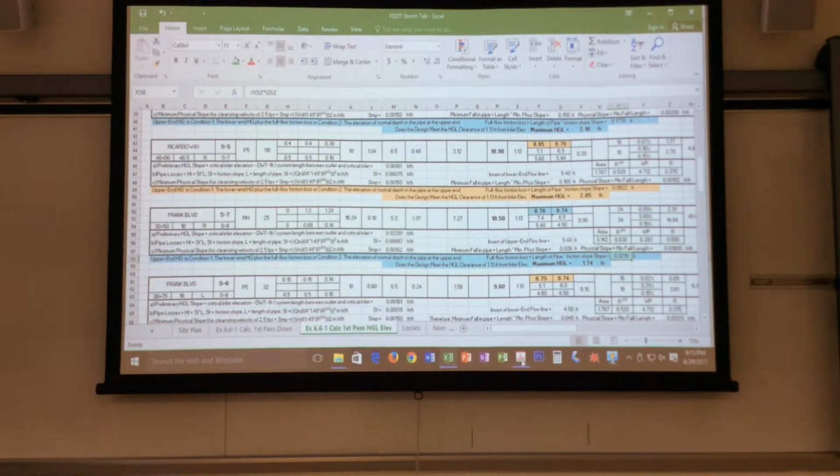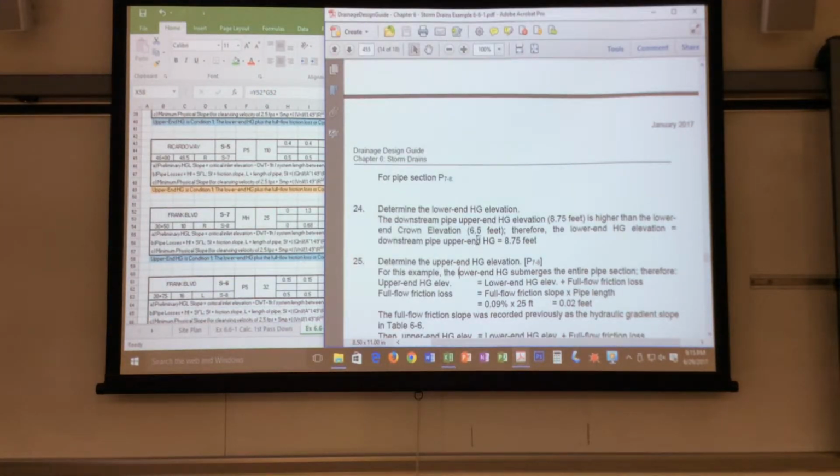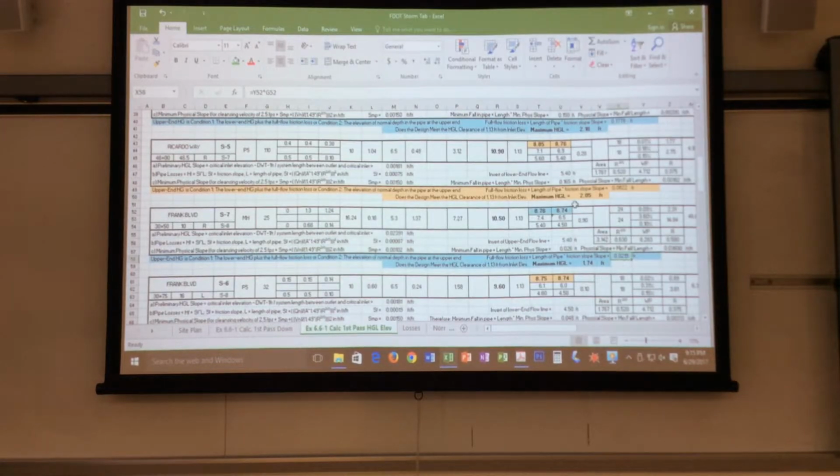What they're saying in this part here, it says, well, which is higher, the hydraulic grade line or the crown of the pipe? So sometimes the crown of the pipe is assumed your highest grade line.